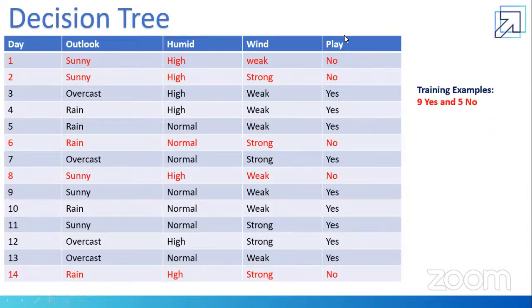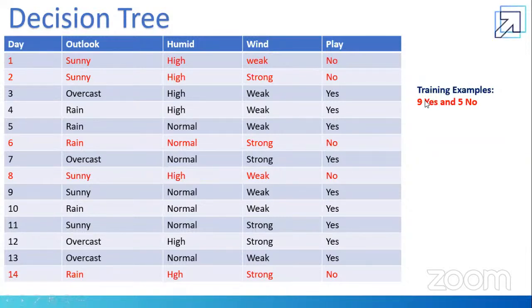If the weather is sunny, humidity is high, wind is weak, then the child cannot go out to play. If the outlook is sunny, humidity is high, wind is strong, then the child cannot go out to play. All the red ones are for no, all the black ones are for yes.